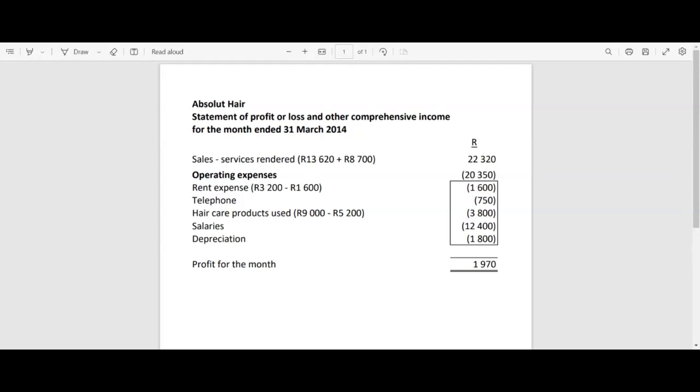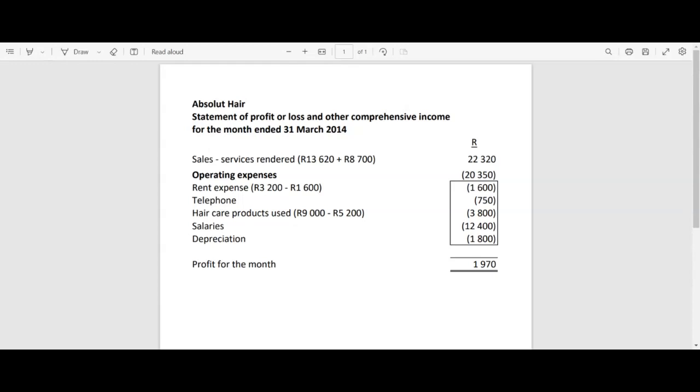Right, ladies and gentlemen, now we can simply use our totals that we've found in our accounting equation worksheet. Next Monday when we do question 4.12, I think it is, we'll do the journal entries and the ledger accounts. Then we'll see the whole flow of the transactions, the whole flow of data, right?